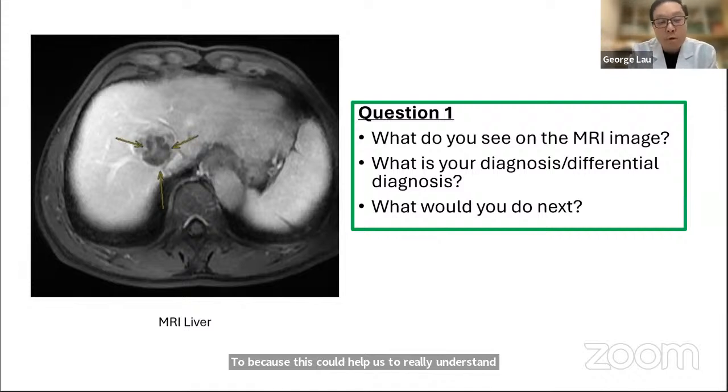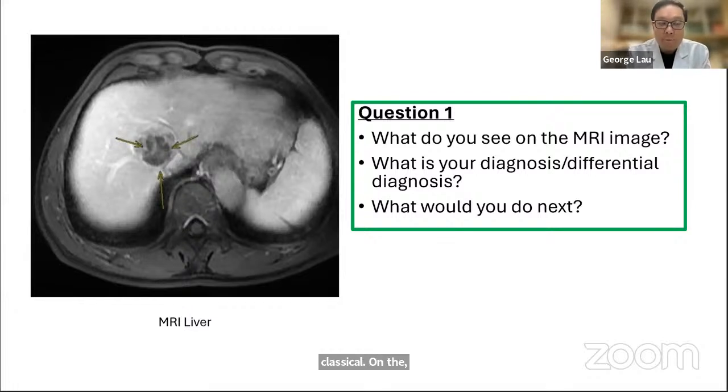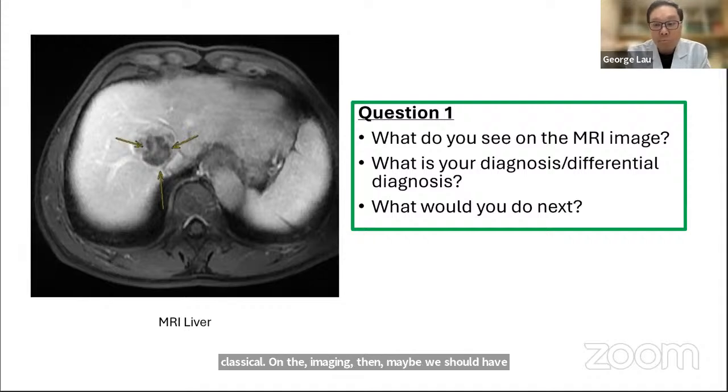Usually we take 2 out of 3 as the diagnostic criteria for hepatocellular carcinoma. So without raised alpha fetoprotein, with lesions that are classical on imaging, maybe we should have the PET scan. That's what we would do.